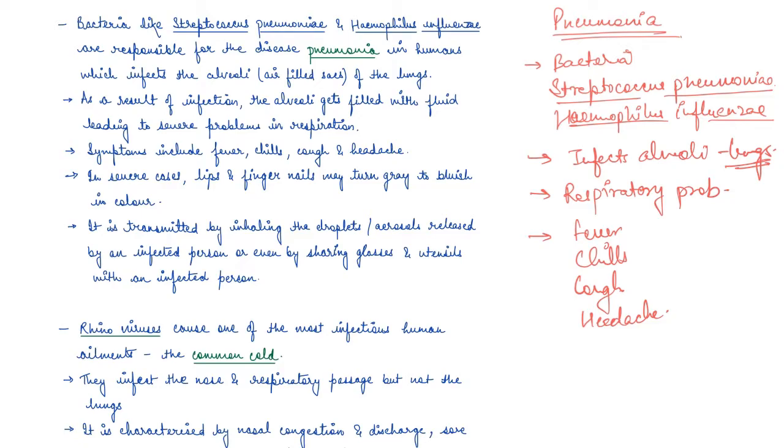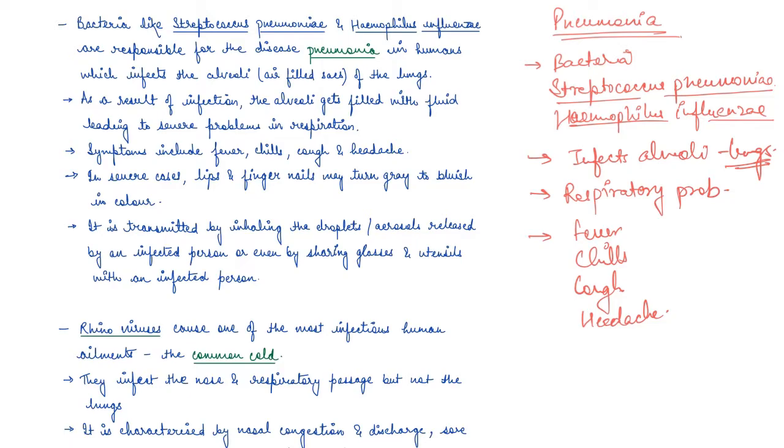The organ which is responsible for transferring oxygen to our blood is lungs, and they have alveoli which are filled with air, right? When these lungs are filled with fluid, there's no space for air to get in and for oxygen to be transferred to blood. So there is shortage of oxygen basically in the body.